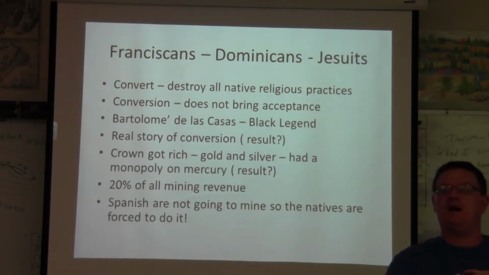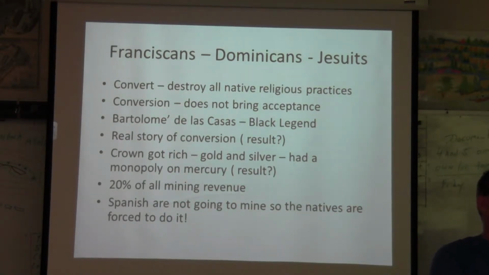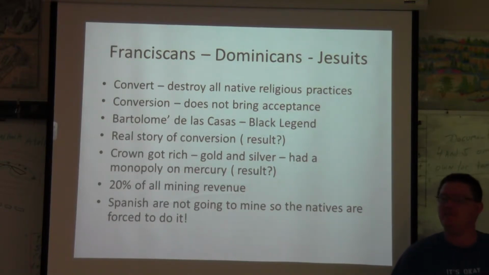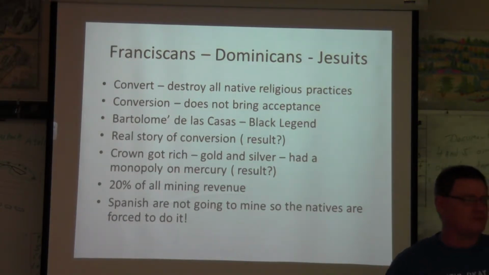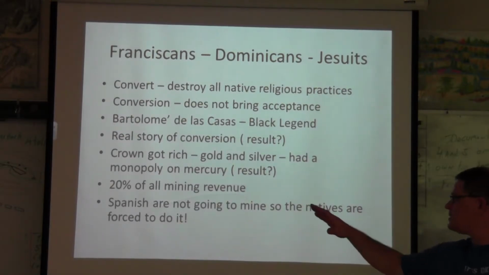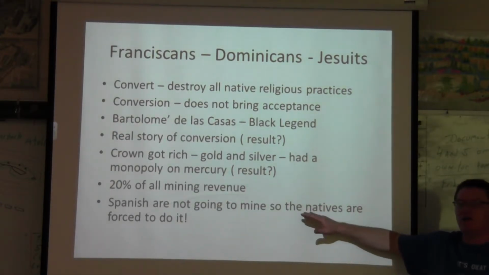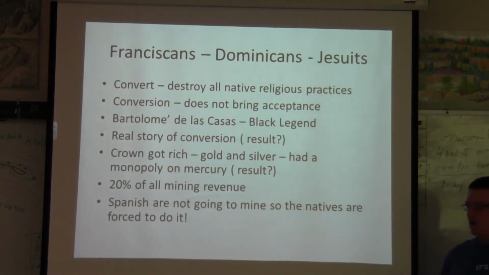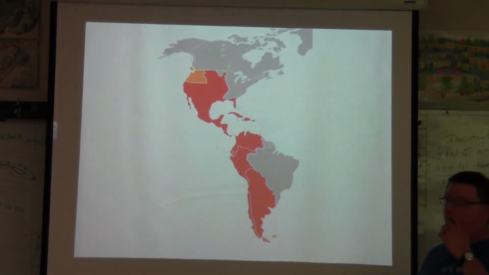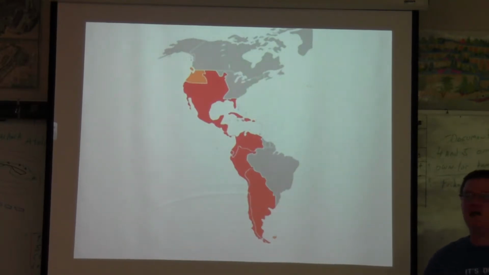They not only get 20% of all mining revenue, you had to buy mercury from them. But it's highly poisonous, and it begins to kill off all the Native Americans. But the Spanish are not going to go into the gold and silver mines. They're not going to go into the sugarcane fields. So the Spanish make the natives do it.